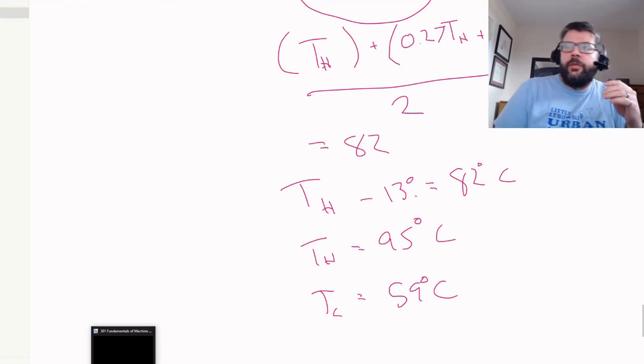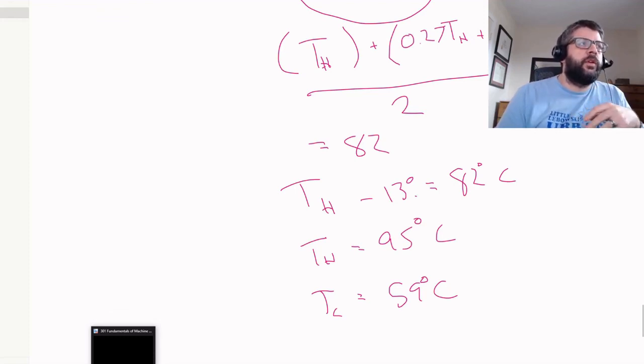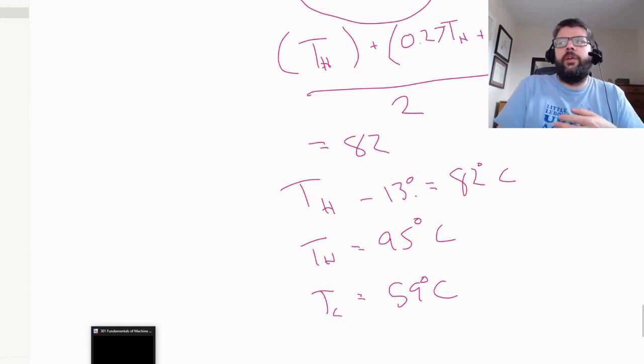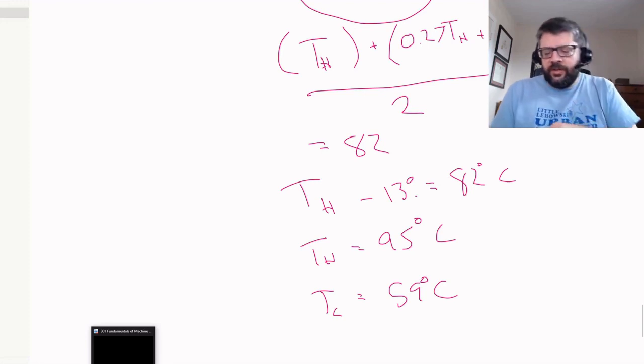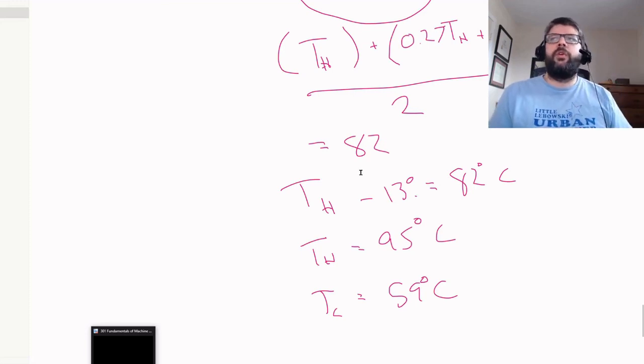Or possibly what we could do is instead increase the flow. If we're increasing the flow, then we're getting more lubricant flowing through, and thus the temperature rise needed per unit volume is going to be less. You're going to get a lower maximum temperature.